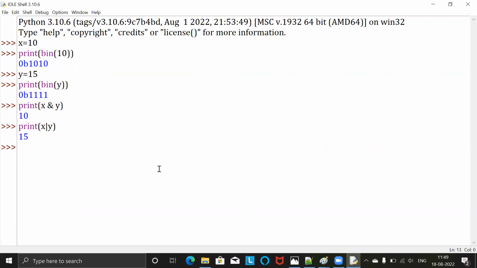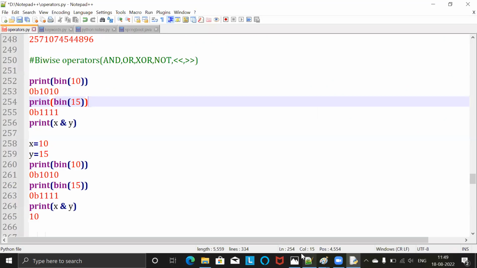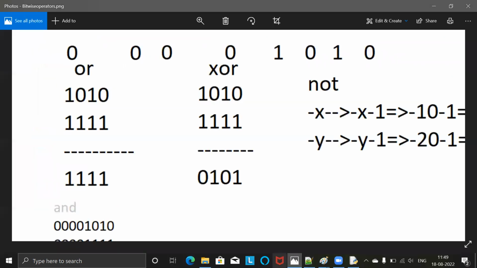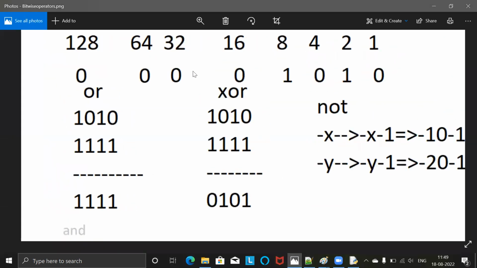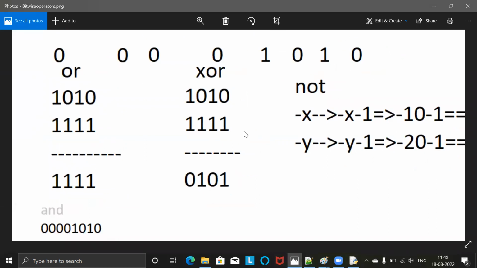Next, print x XOR y, using the XOR symbol, which gives 5. This is the XOR of 10 and 15.